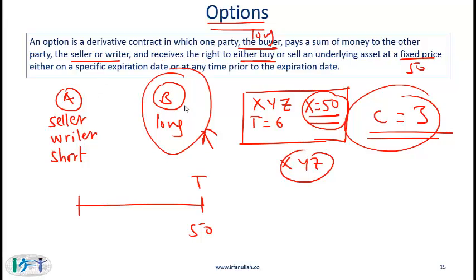In my example, B will buy at the end of this period, so at expiration date. This is called a European style option. If the contract is defined such that B can buy the underlying at any point, then this would be called an American style option. And this material will be covered in a tremendous amount of detail later in the reading on options.